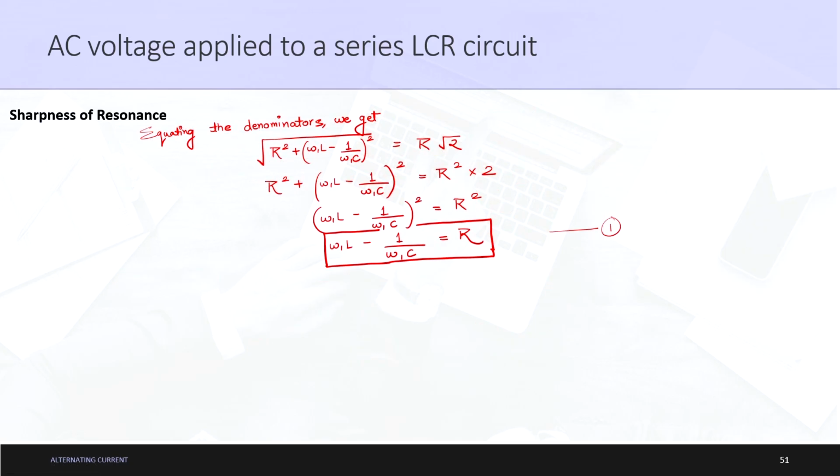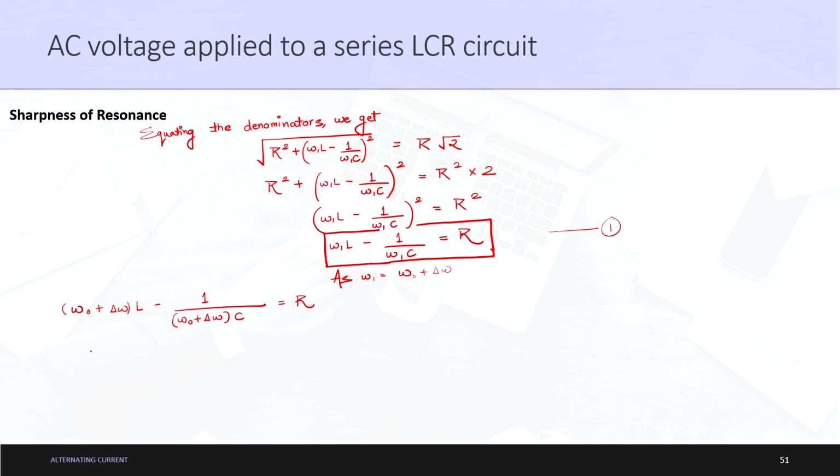So, finally, the equation which we obtained was omega 1 L minus 1 upon omega 1 C is equal to capital R, right. Now, as omega 1 is equal to omega naught plus delta omega, we can write this equation as (omega naught plus delta omega) into capital L minus 1 upon (omega naught plus delta omega) into capital C, which is equal to capital R, correct.